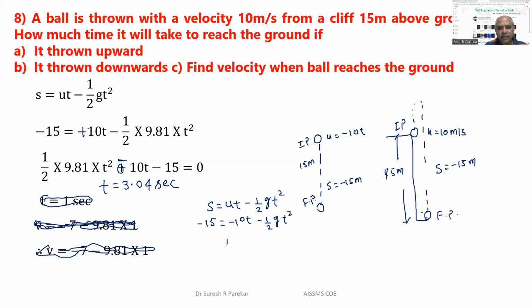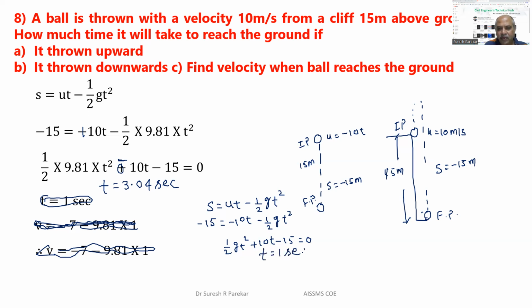If we solve this, we have half g t square plus 10t minus 15 equal to 0. And if we solve this, then we have t equal to 1 second.